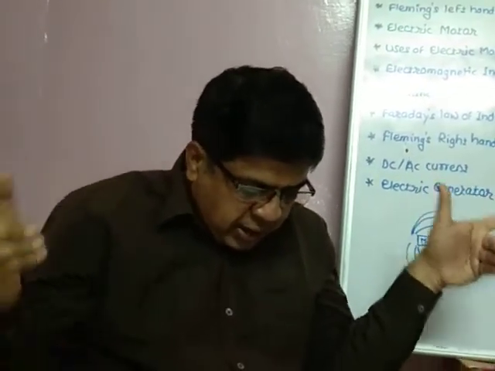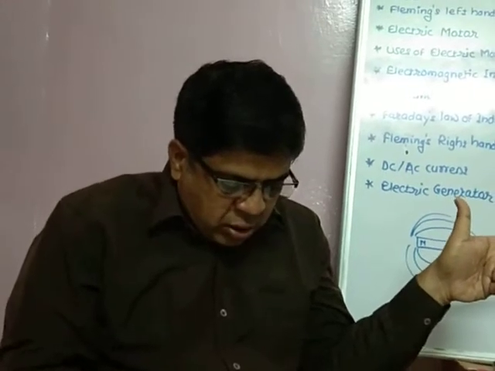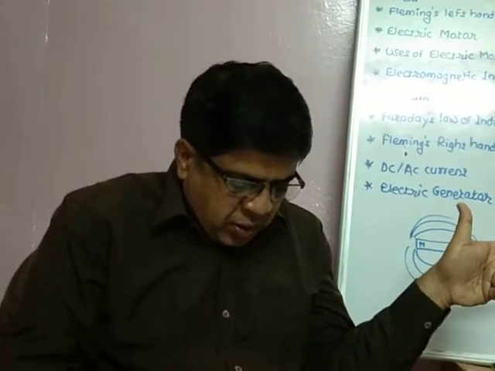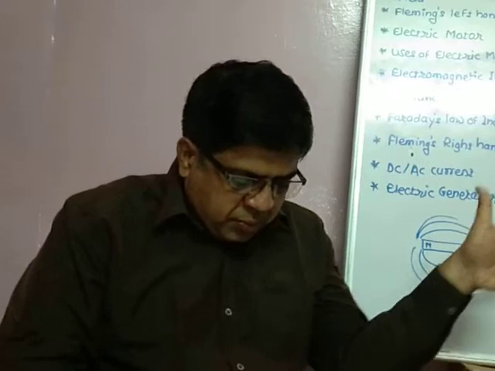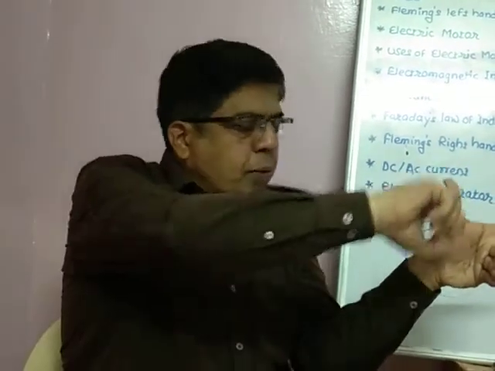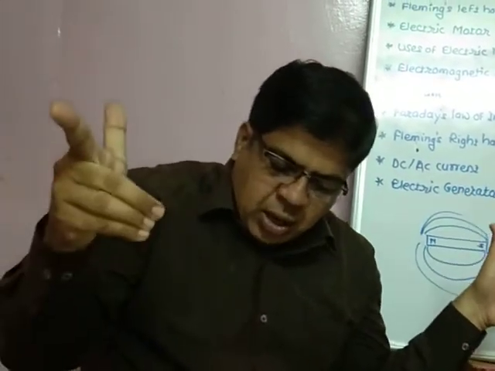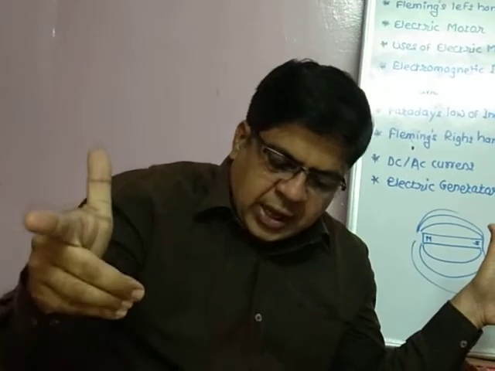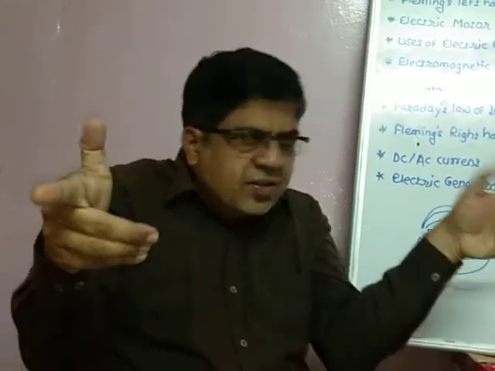And the thumb: in the left hand rule, the thumb is the direction of the force on the conductor, and in the right hand rule the thumb shows the direction of the motion. This is the difference.